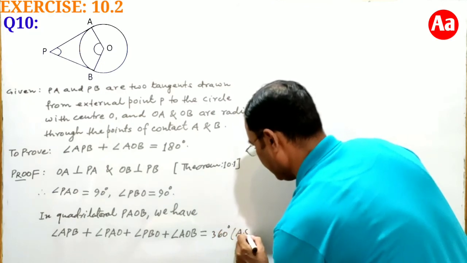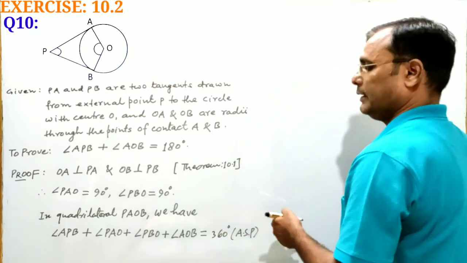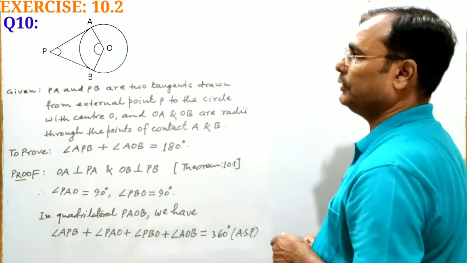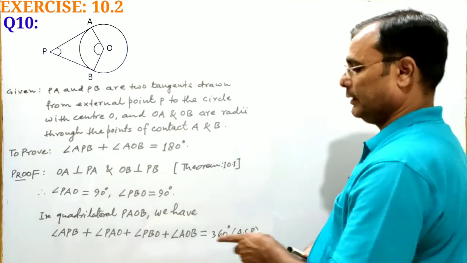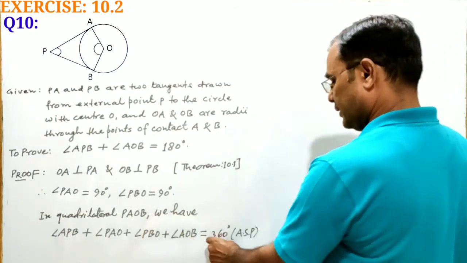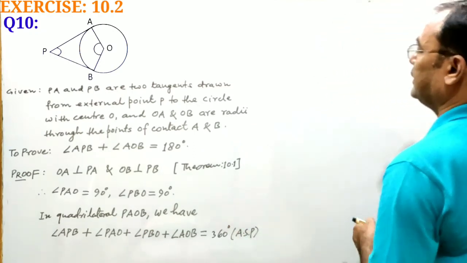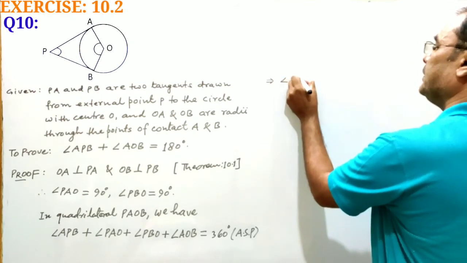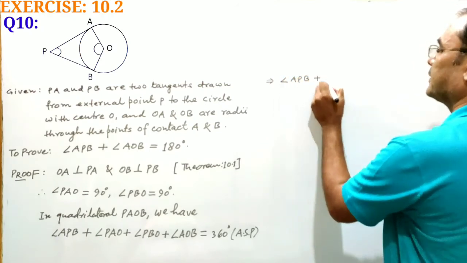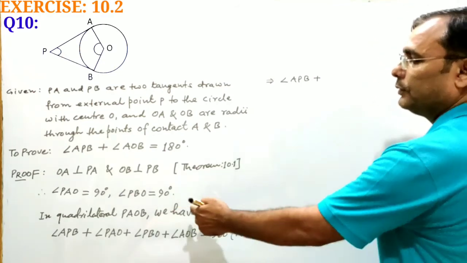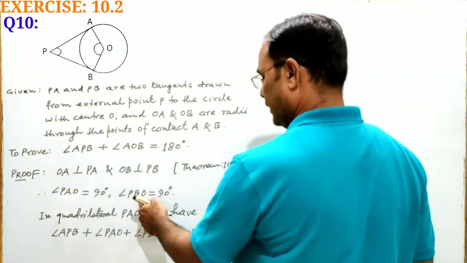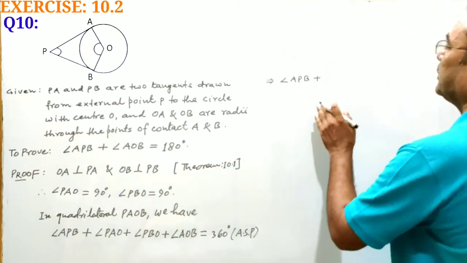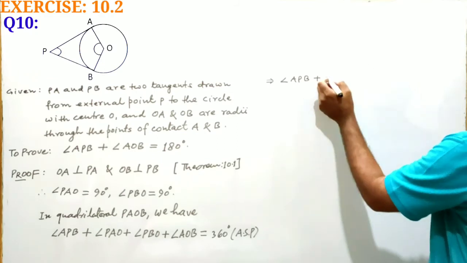Angle sum property of a quadrilateral: sum of angles of a quadrilateral is 360 degrees. So in quadrilateral PAOB we have written sum of all four angles equal to 360 degrees, and this implies that angle APB plus angle PAO, here we have written 90 degrees, angle PBO we have also written 90 degrees, as radii are perpendicular to the corresponding tangents.